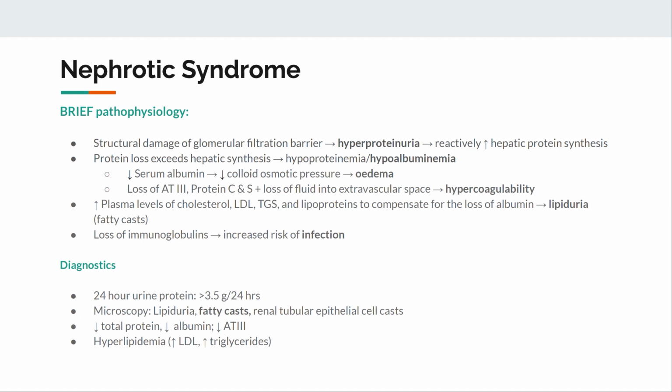The things that go up are all of your plasma lipids, and you can get very, very high triglycerides, and this is basically because the liver is in synthetic overdrive. Now, if you look this up on UpToDate, what I just said is a myth, but they don't have a better explanation for it yet, so the way I remember it is that the liver just pumps everything out, protein and lipids.